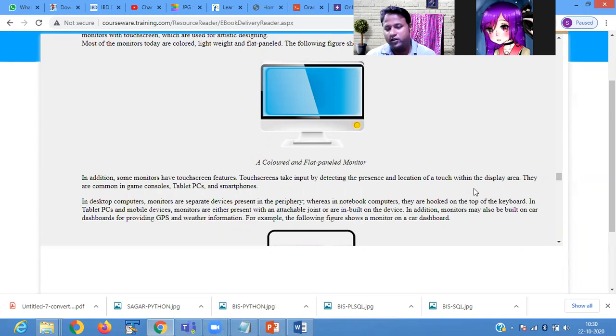CRT stands for cathode ray tube. That is called a CRT.